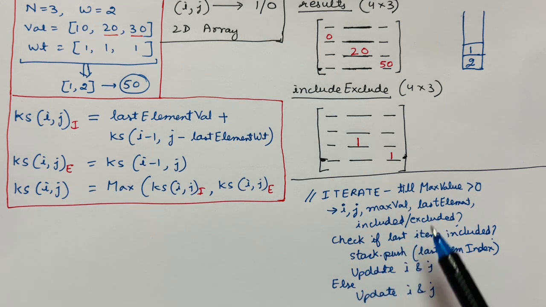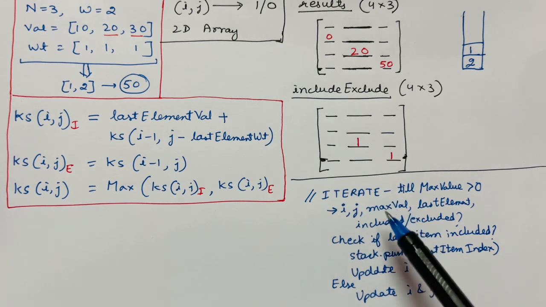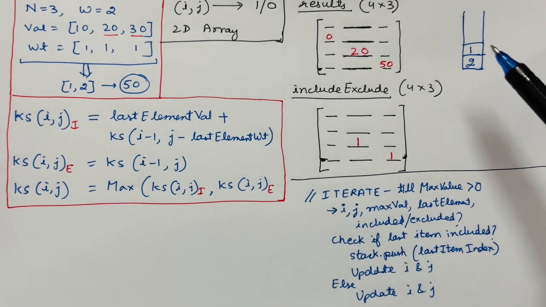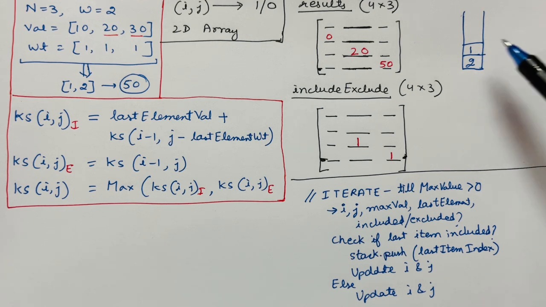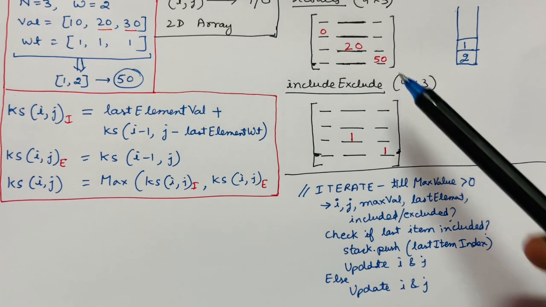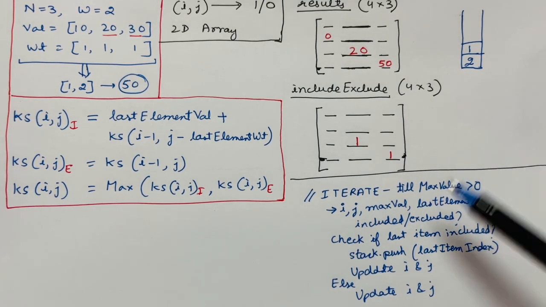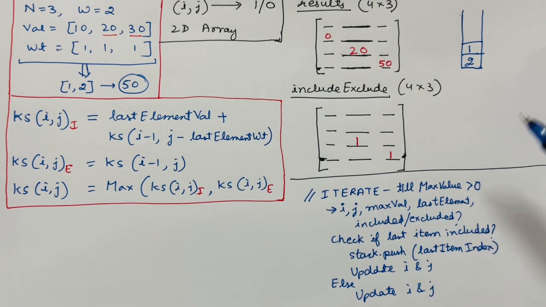We will continue iterating till the max value becomes 0, and then we won't go into this loop. Then in such a case, in the stack, we will have the indices of the items that were used to obtain the maximum value at this initial i, j. We can then convert this stack into a list and return.